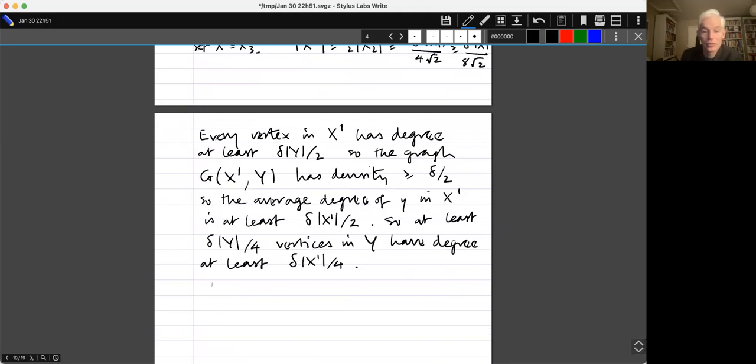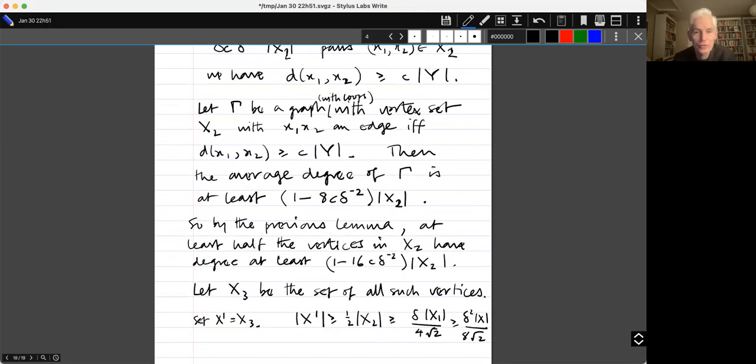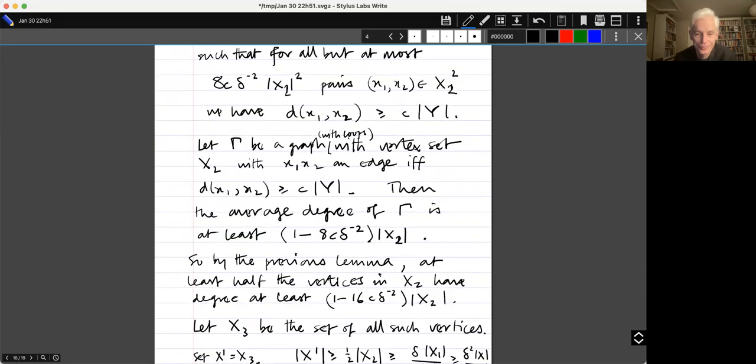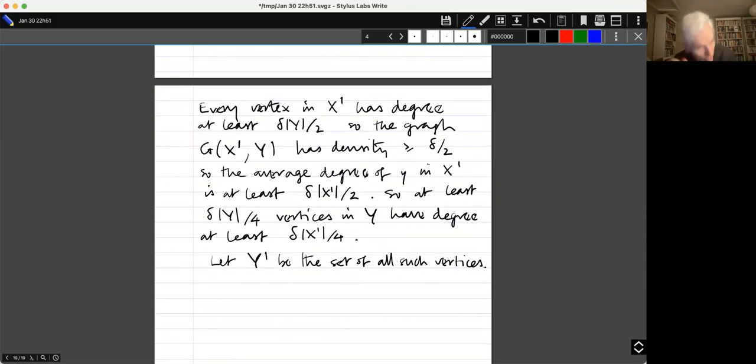So let y dashed be the set of all such vertices. So y dashed has size at least delta y over 4, so up we go and put that in, delta over 4 times y. There's a slightly unpleasing lack of symmetry here, but that doesn't matter too much.